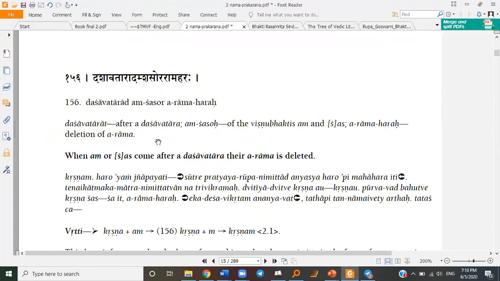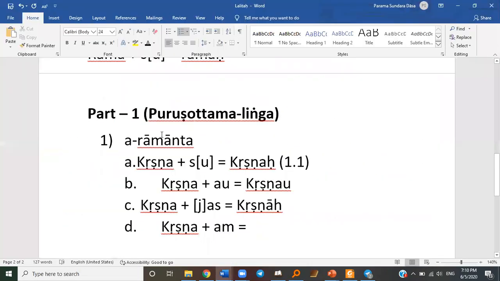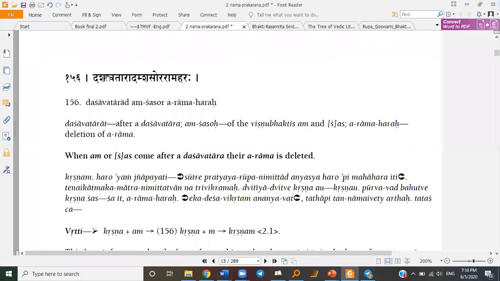Then this is interesting. Generally what would have been applied here is Dashavatara Katmaka Mitva, Krishnam, and something like that. But it is not like this.